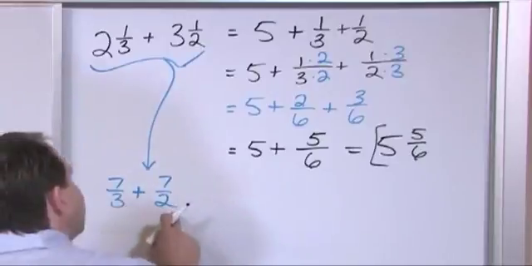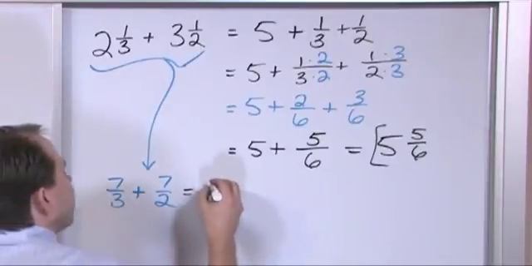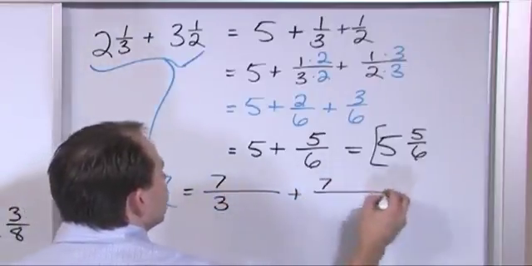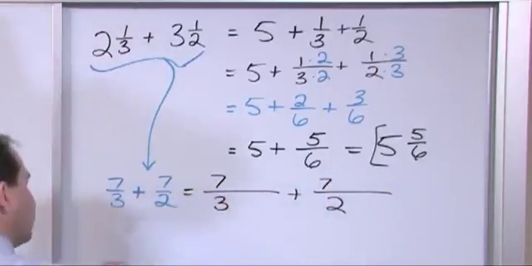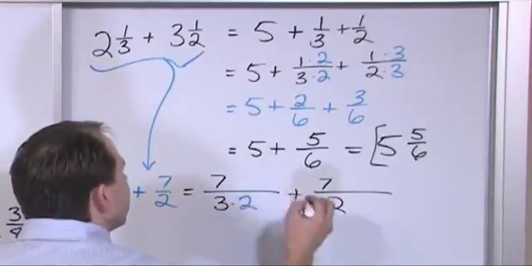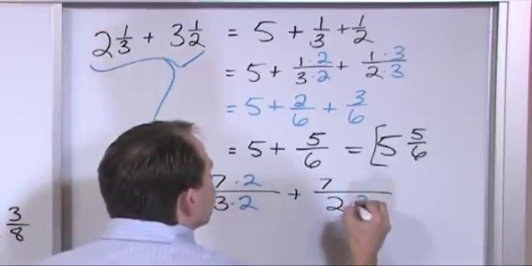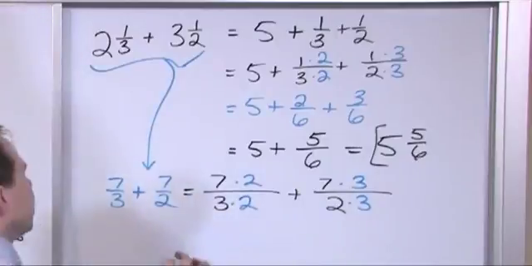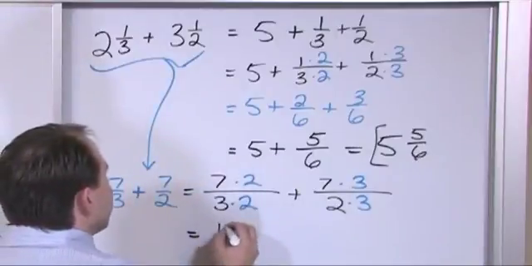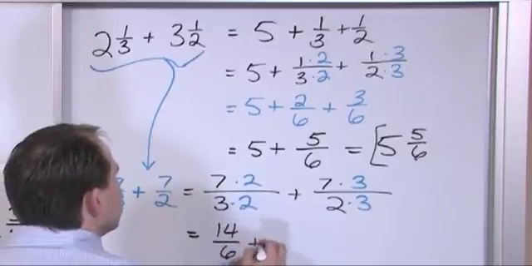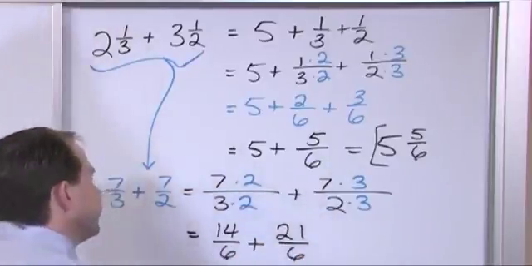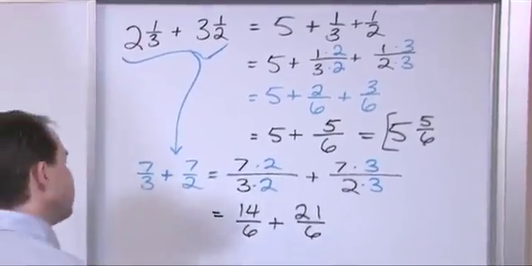I still have the same denominators of 3 and 2, and I'm going to multiply this fraction by 2 and this fraction by 3. So when I do that, I'm going to have 7 times 2 is 14 over 6, plus 7 times 3 is 21 over 6. So I have the same common denominator.